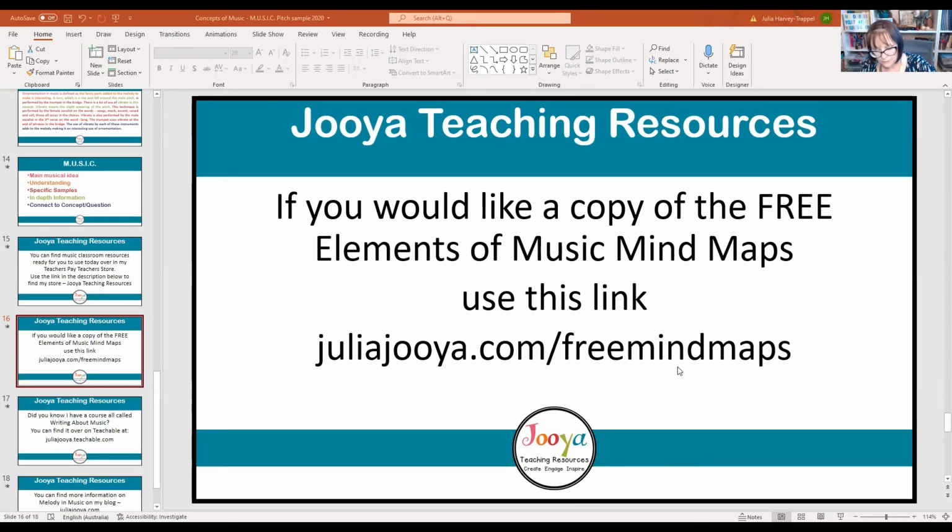There's a point form example as well as a paragraph example for everything, and that one's just on melody. I get my kids to actually highlight the different sections. They know what they're doing, and the kids that do that are doing really well.